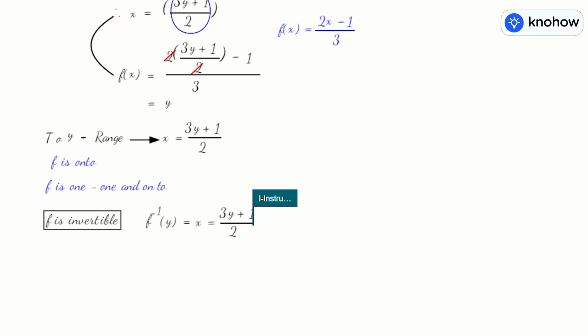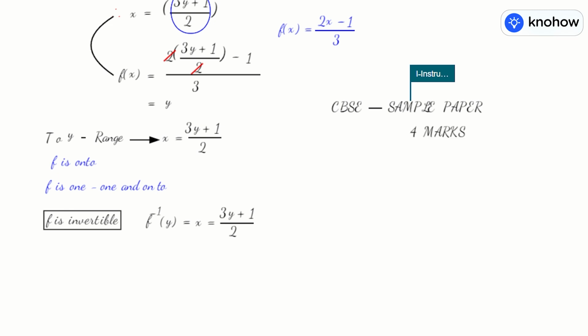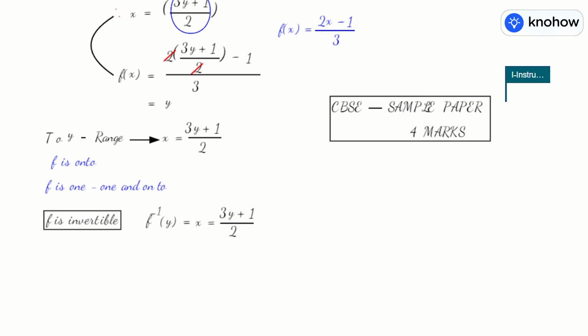Now, let me tell you that this particular question is there in the CBSE sample paper questions and carries 4 marks. Now let me discuss one more example, and before that let me tell you that this is in the CBSE sample paper, and the weightage is 1 mark.